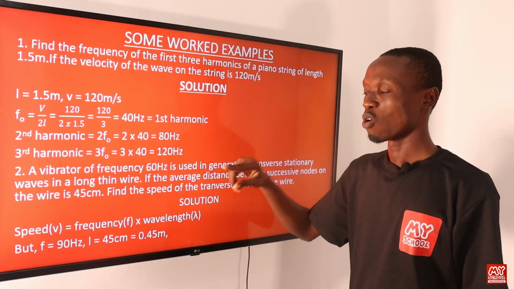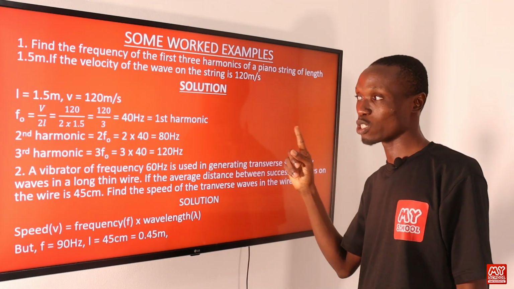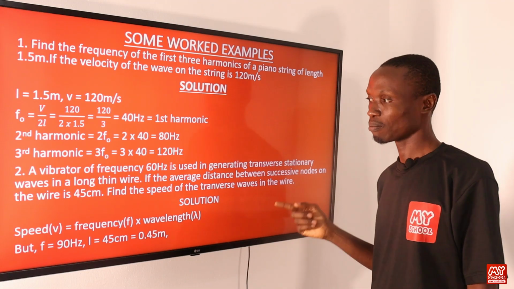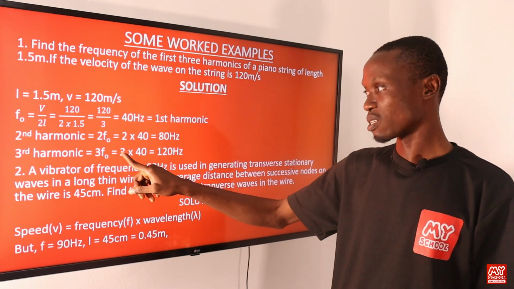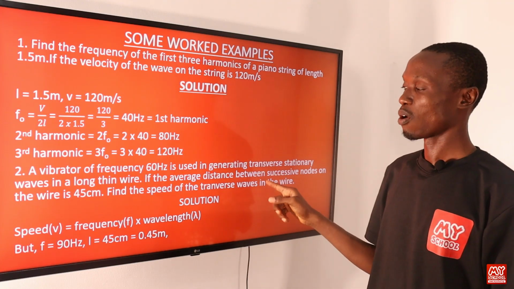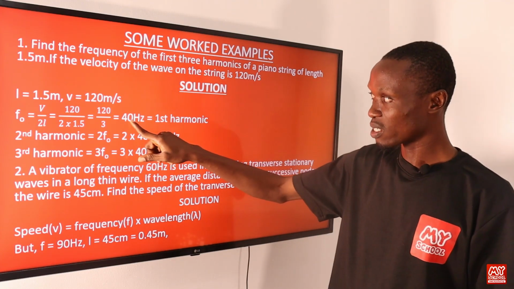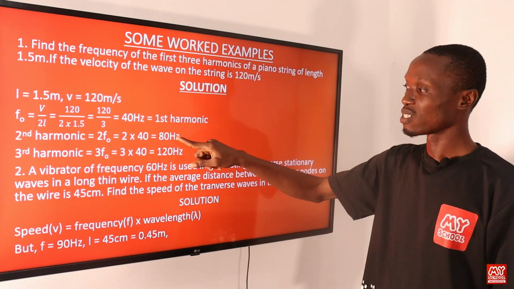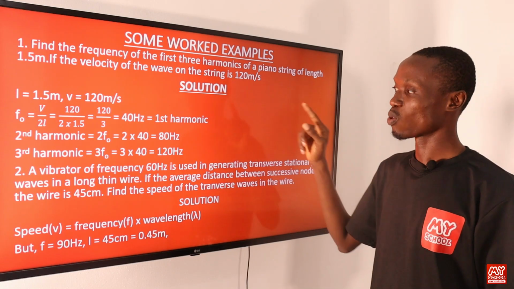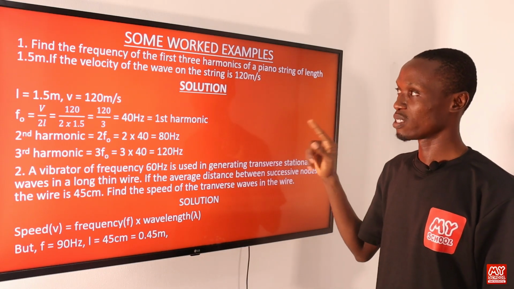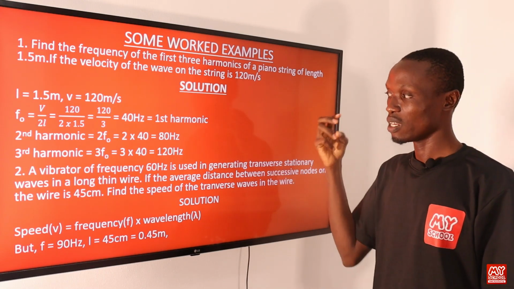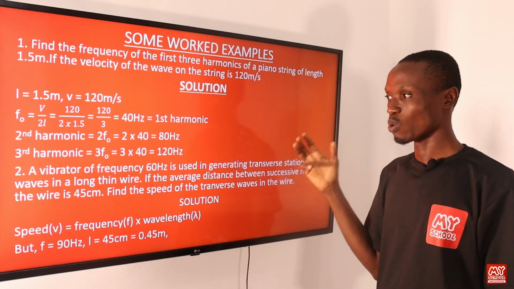For the third, we multiply the fundamental frequency by 3, so 3 times 40 is equal to 120. So the first harmonic is 40 hertz, the second is 80 hertz, and the third is 120 hertz. So the first 3 harmonics are 40, 80, and 120 hertz.